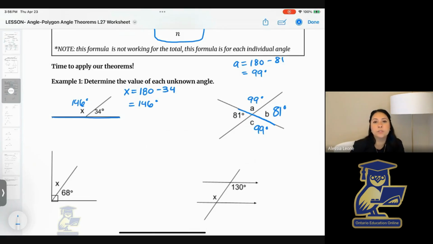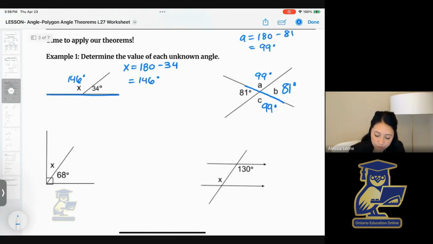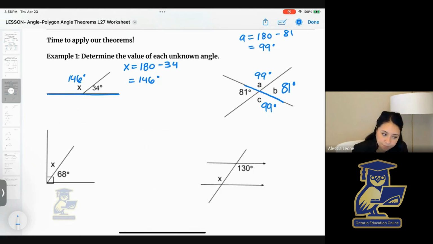So you're noticing we're using the patterns, the formulas and the theorems that we ran through, to now put it into practice on these questions. This here is a 90 degree.